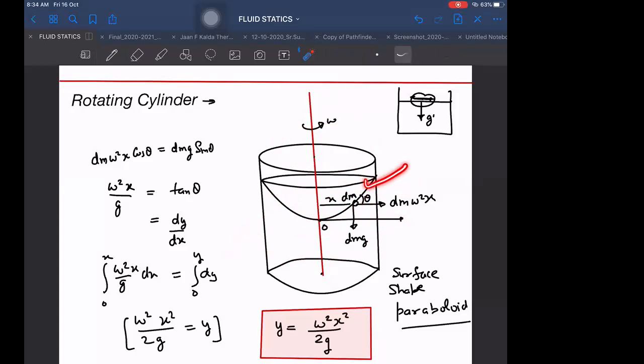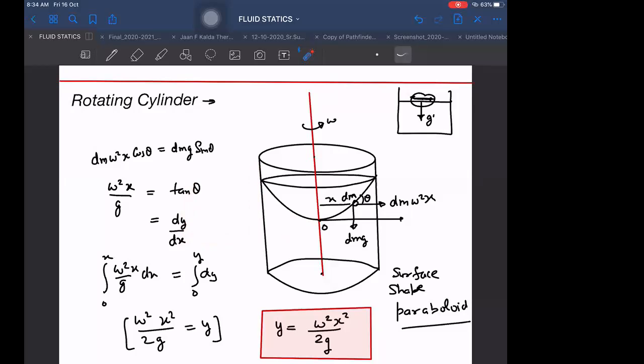So the liquid layers will be at rest with respect to each other. So it will be like a fluid statics condition only. What is the meaning of fluid statics? Fluid statics means the fluid is at rest with respect to the container. The container may move, that is not a problem. But as long as the fluid is at rest with respect to the container, and as long as the layers of the fluid are not slipping with respect to each other, that can be considered as fluid statics only. So this is also like that.